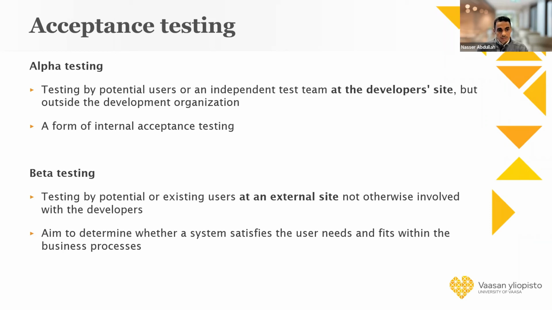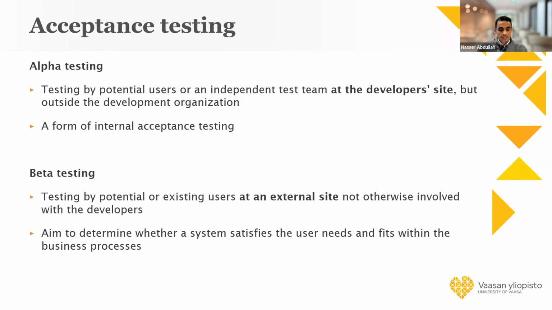Guys, acceptance testing is the easiest testing that can be done. You just send your application or your system to the user, and you give the user a form, and the user will use the system. After that, they fill up the form. It's pass or not pass.